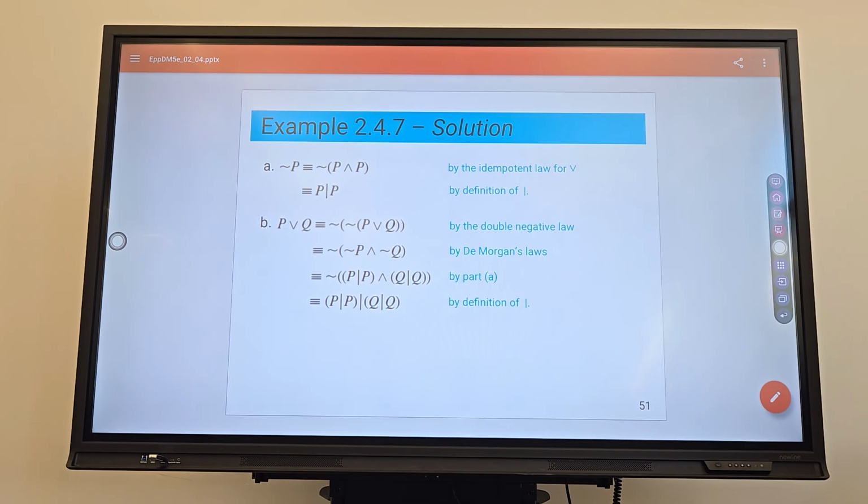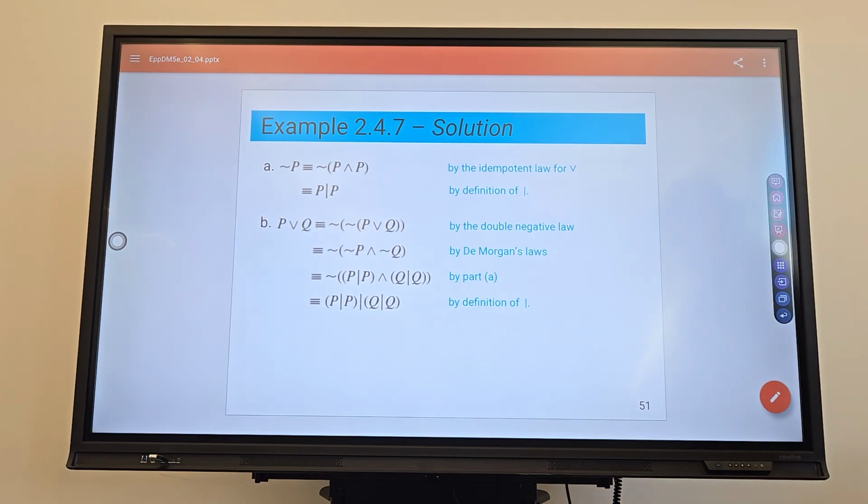The idempotent law for OR, and the definition of a Sheffer stroke. And the double negation law, De Morgan's law, and the definition of the Sheffer stroke.